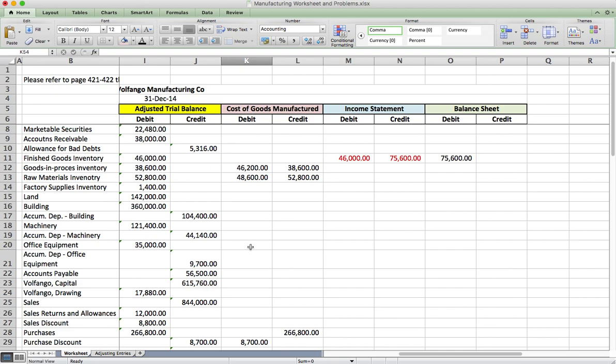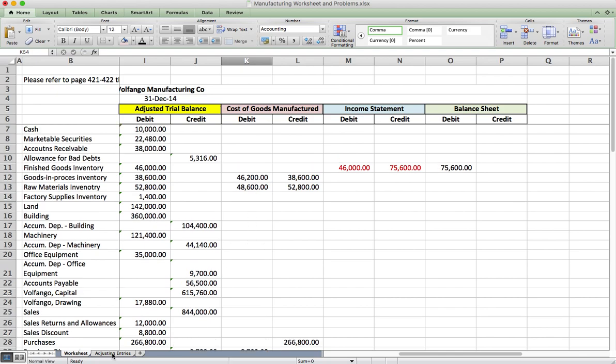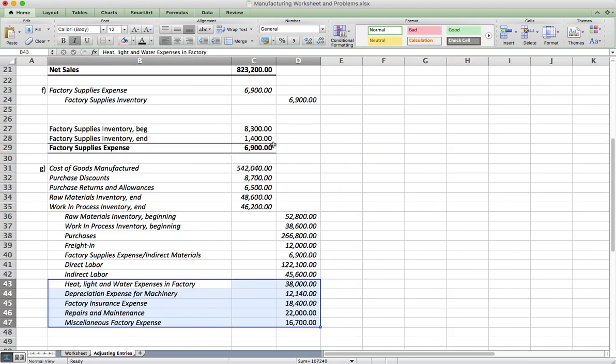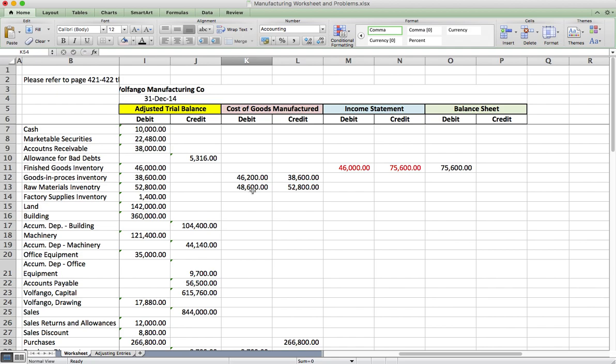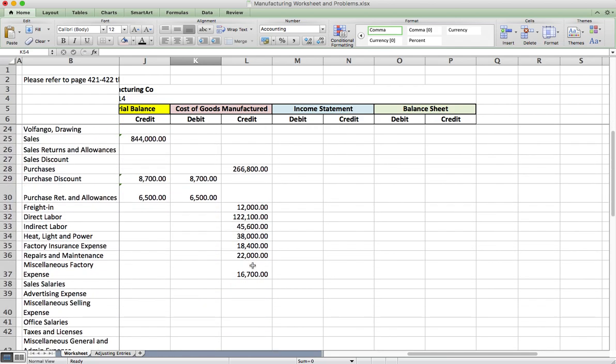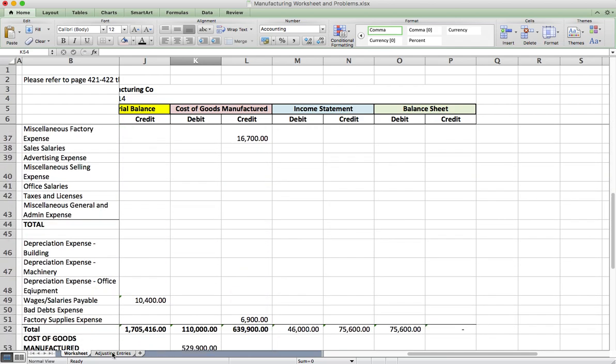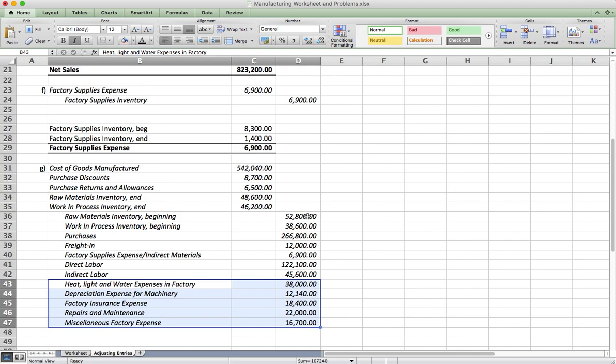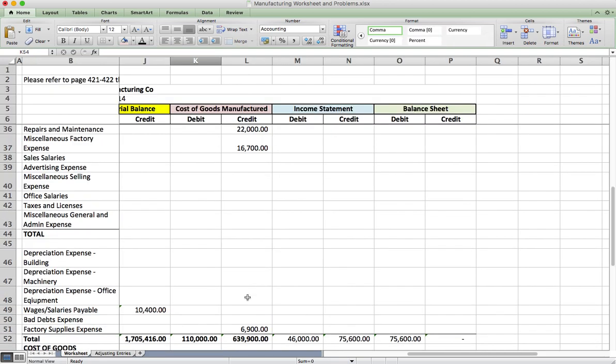Ano yung debit side ni? 46,200. At saka 48,600. Okay? So, okay tayo sa debit side, diba? 4 lang yun. Ang credit side naman, 52,800 for raw materials beginning.